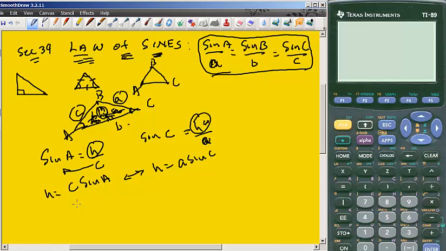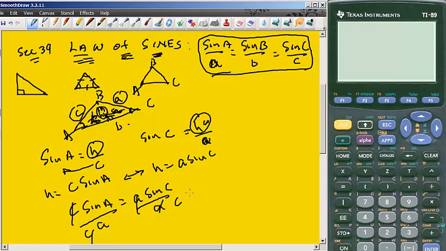So you have C times sine of angle A is equal to A times sine of angle C. Then when you divide both sides by A, they cancel, and when you divide both sides by C, they cancel.